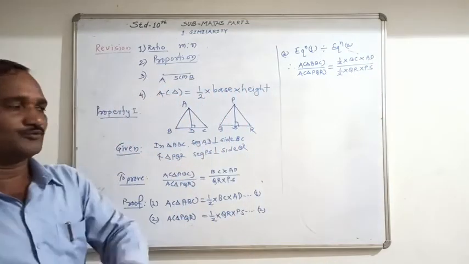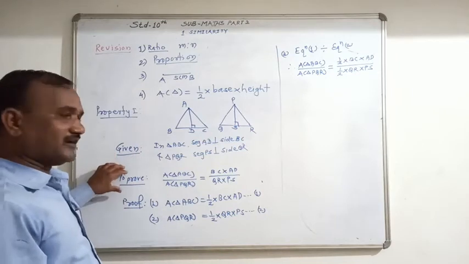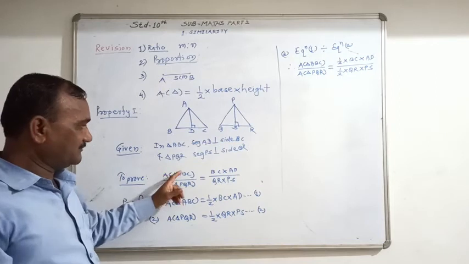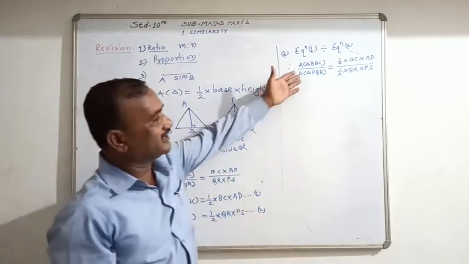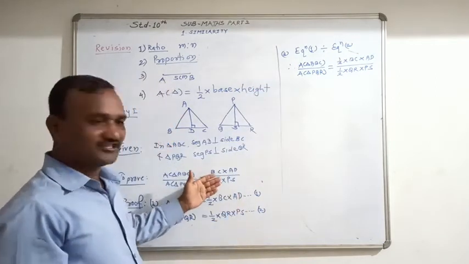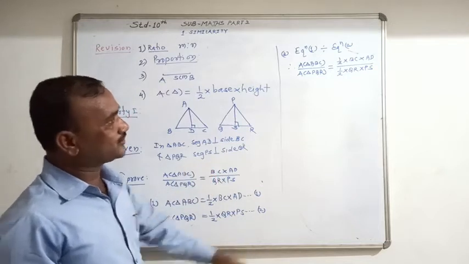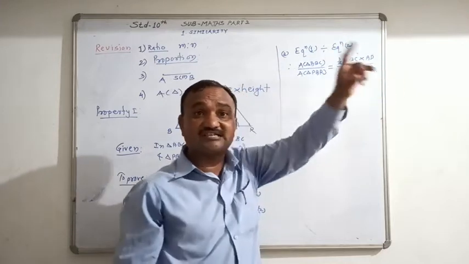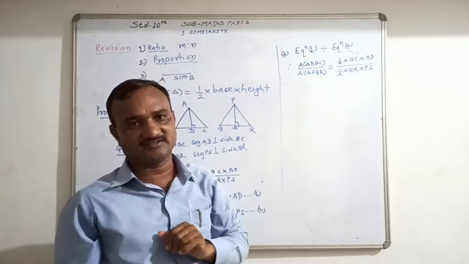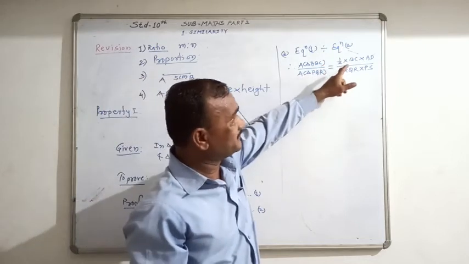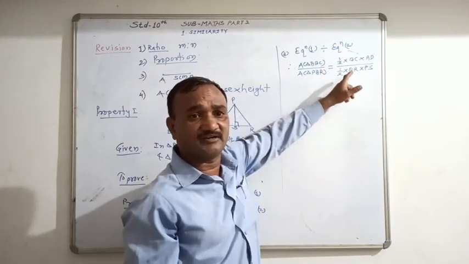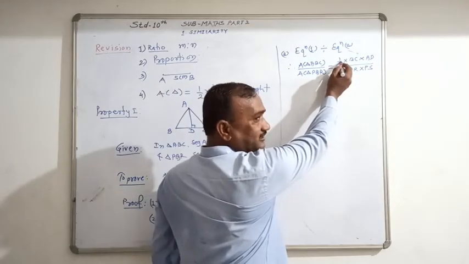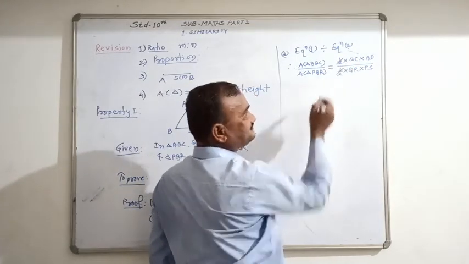Always look at the 'to prove' part, that is your final stop. The left side, area of triangle ABC divided by area of triangle PQR, we already have. The right hand side is not yet there, so look at the right hand side. There is the same factor in the numerator and denominator. By simplification, if the same factor is in numerator and denominator, it gets cancelled. So here 1 upon 2 and 1 upon 2 get cancelled.